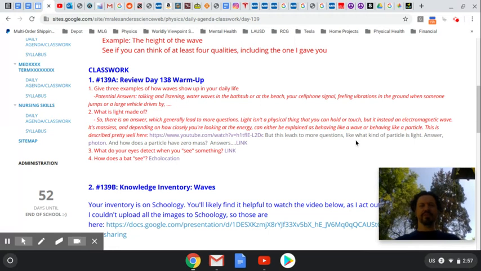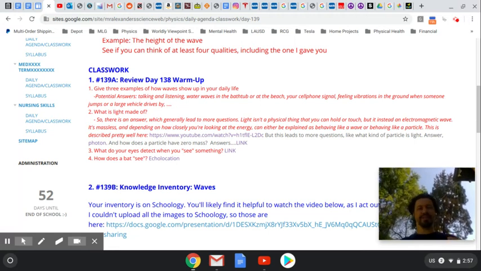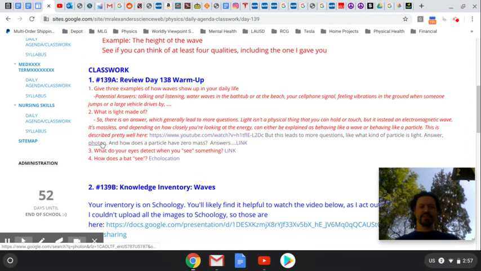But usually, students have questions like, "How can something be massless?" And it turns out it's not a thing. If you want to know more about photons, there's a link to those here. And how is it that a particle can have zero mass? Well, here, take this as far as you want.